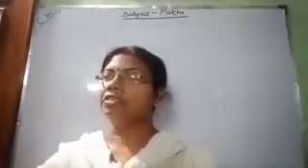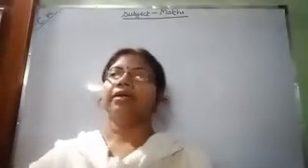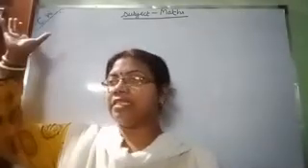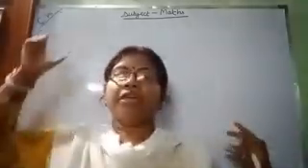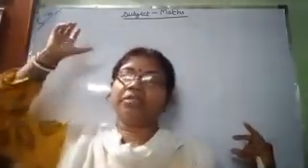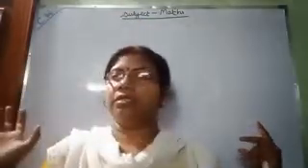Okay. First I will draw the things. According to this side, one side picture will be there and one side the numbers. You have to just match the pictures with the numbers. Okay. See.